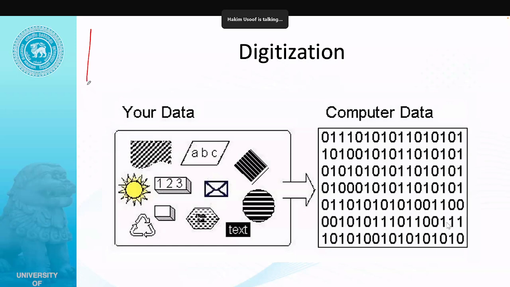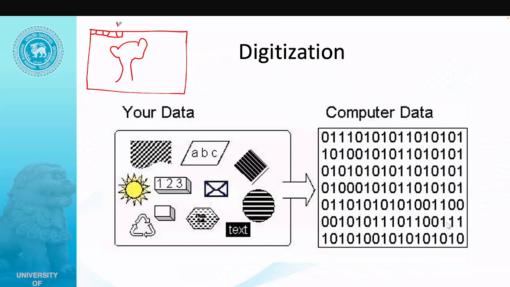So what the computer does, and I'm just taking an example of an image, it goes common for everything. If this is a picture, let's say we are looking at a tree, this picture is broken down into what's called pixels.